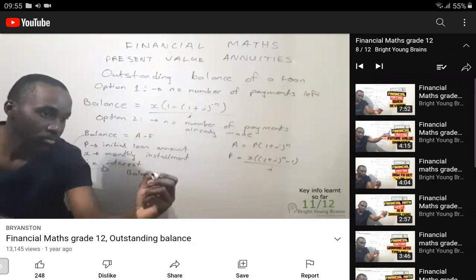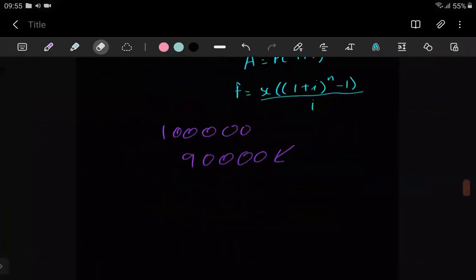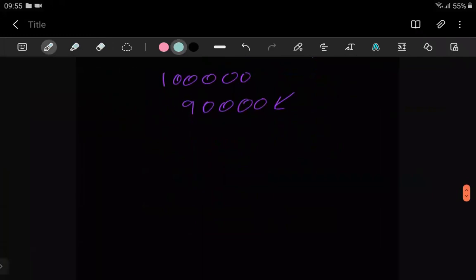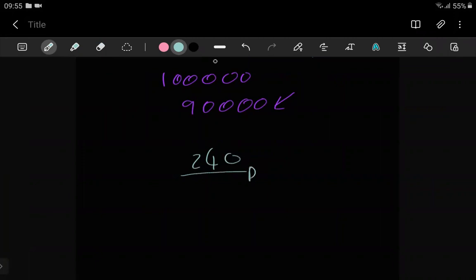Option 2, to get the balance, all you need is the number of payments that are left, you see. So meaning, let's say you have to make 240 payments in total, but you have paid, let's say, 120 times already.